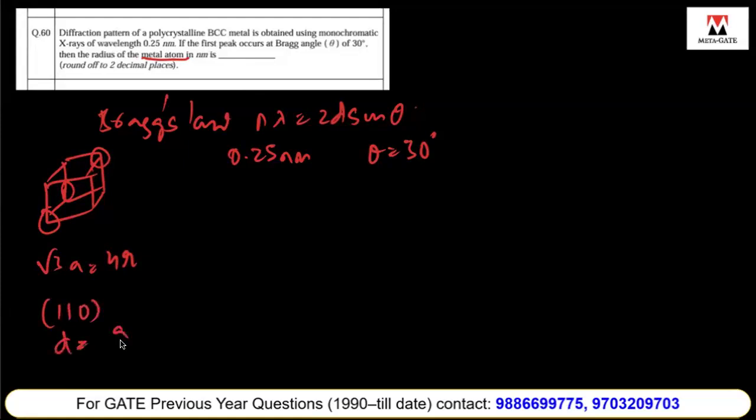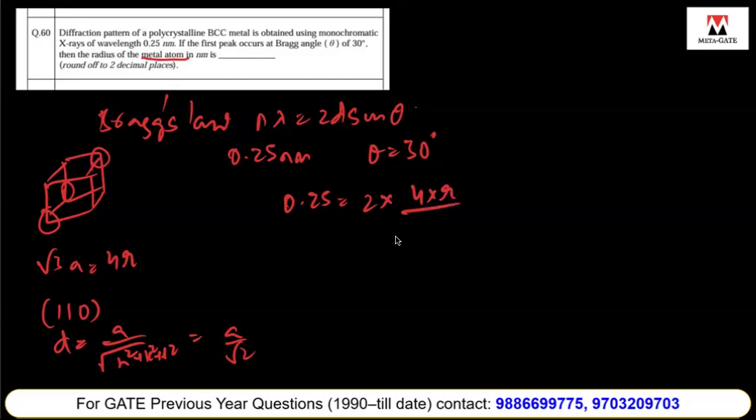So d is equal to a by root of h square plus k square plus l square, which is equal to a by root 2. So 0.25 is equal to 2 into, writing a as 4r by root 3, into root 2 sine 30.